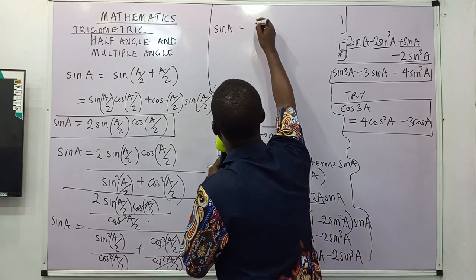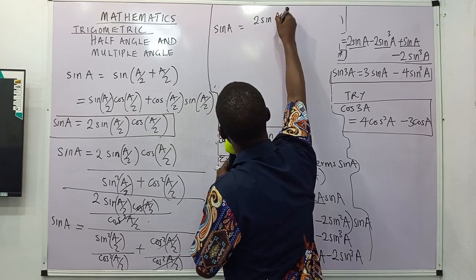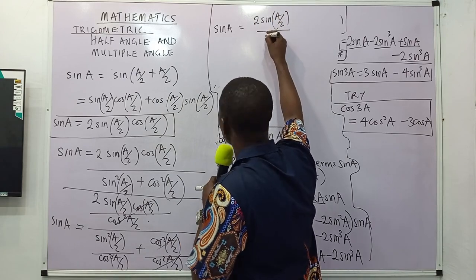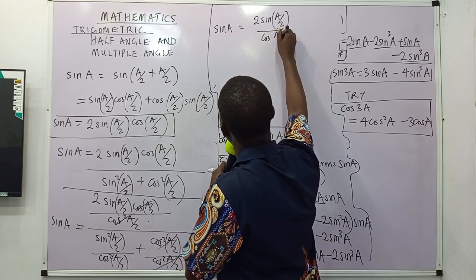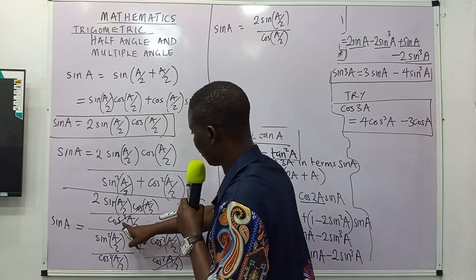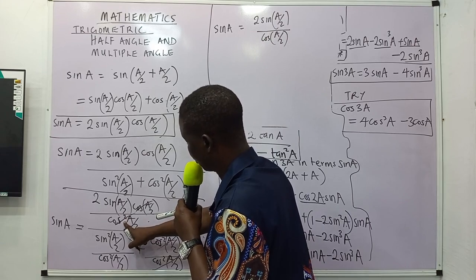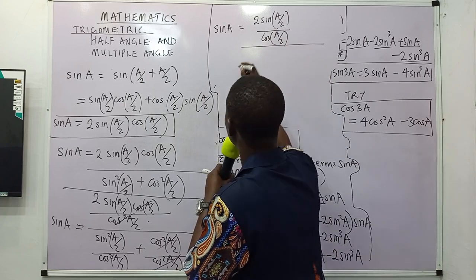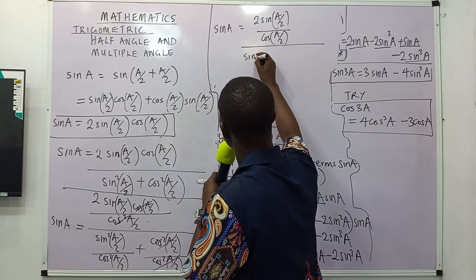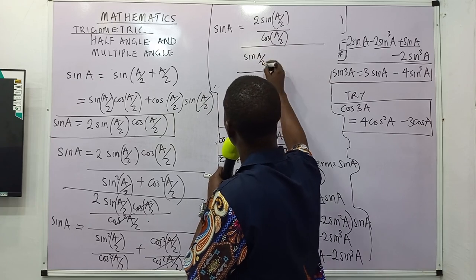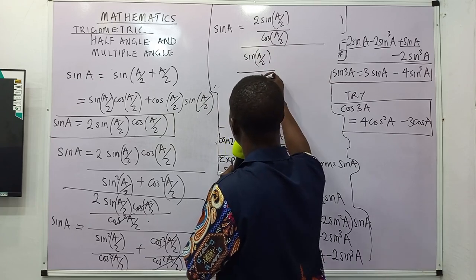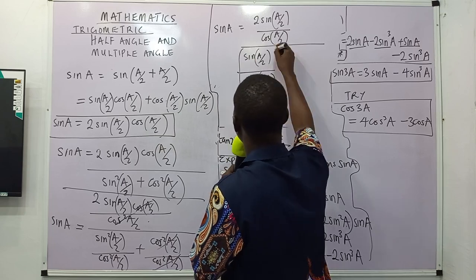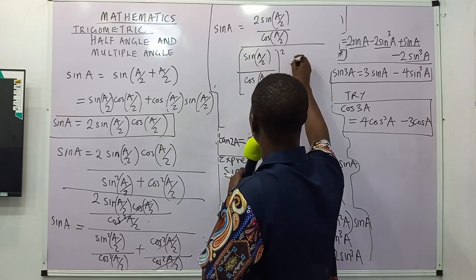So 2 sine A over 2 all over cos A over 2, remaining 1 there, because it is cos square. Divide by sine A over 2 over cos A over 2, all square. That's what it means. Plus 1.